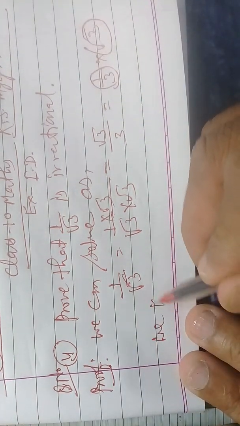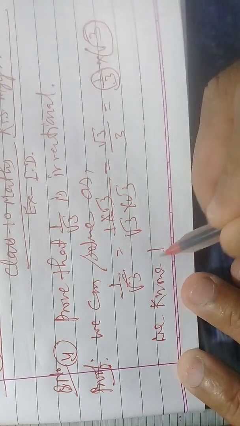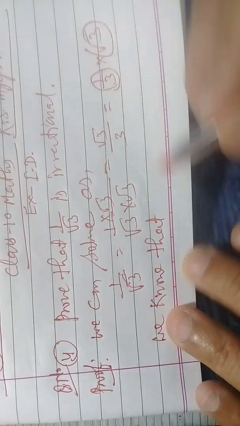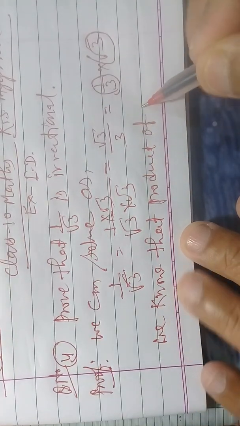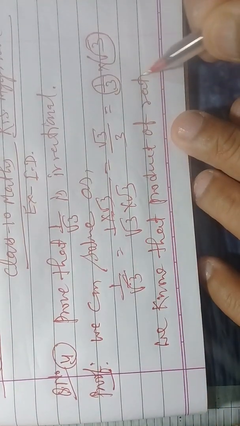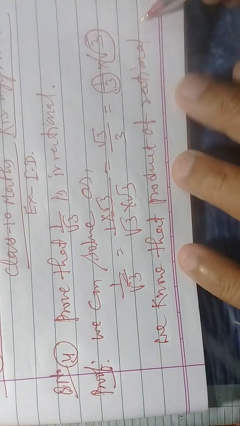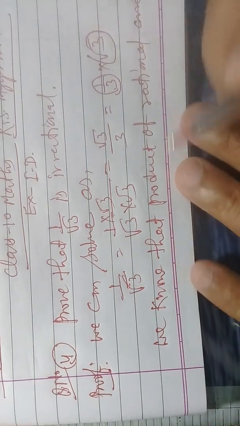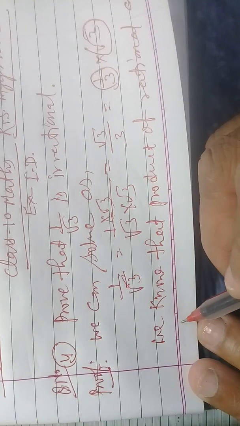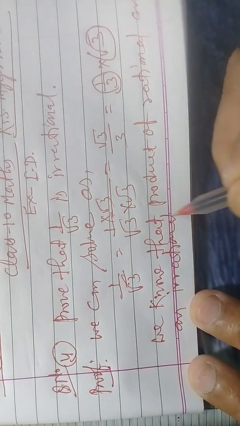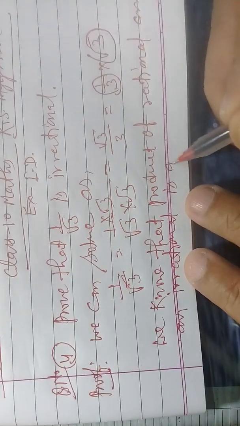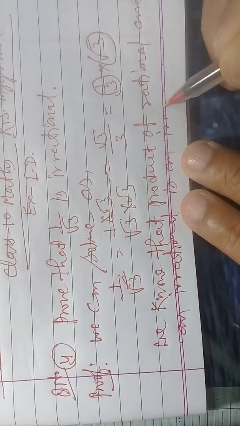We know that the product of a rational and an irrational is an irrational.